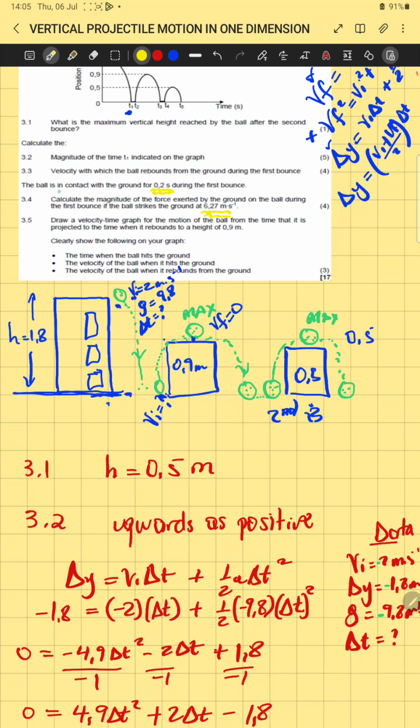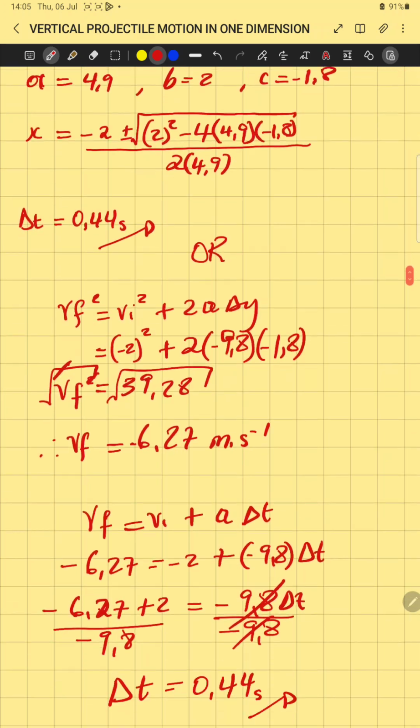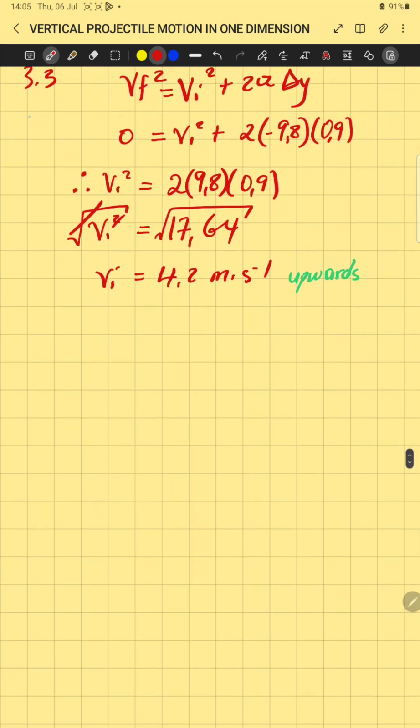All right, so now we want to know what will be the force exerted by the ground on the ball. Okay, so that means now in this case we're going to borrow that formula from momentum, the one that must be 3.4 for this question, that is force F net times delta T is equal to the change in momentum.